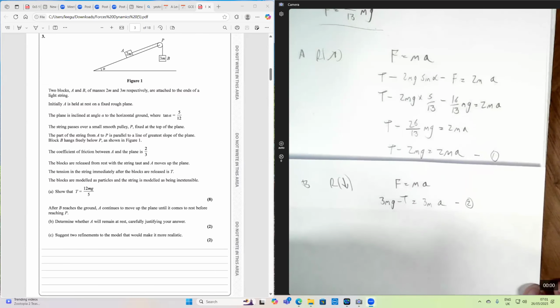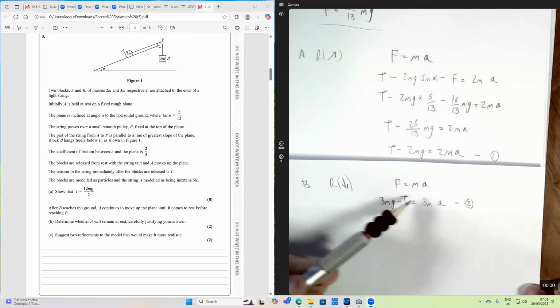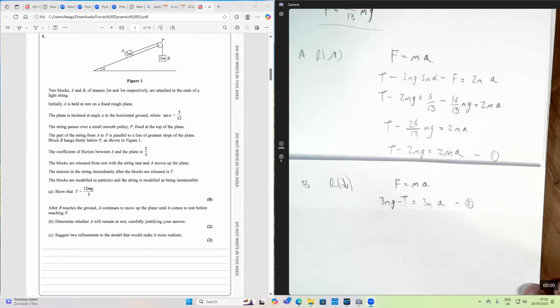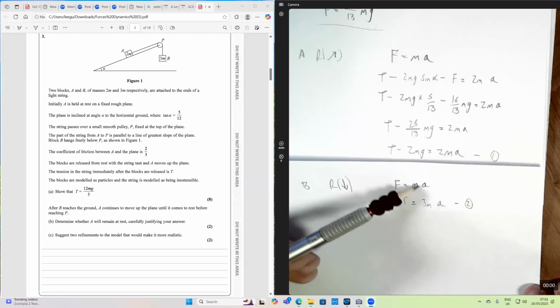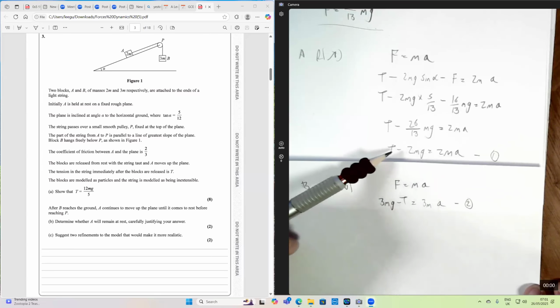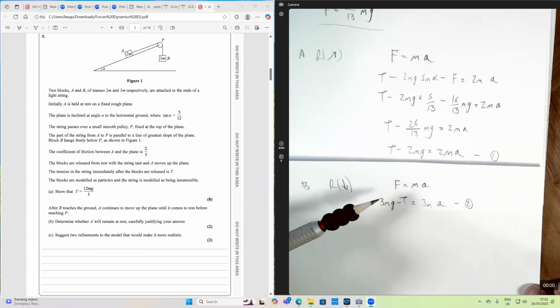An alternative is you could add together the two equations in order to eliminate the tension. So I could do equation 1 add equation 2, which would cause T to cancel, and then I would get an expression which would give me my a.